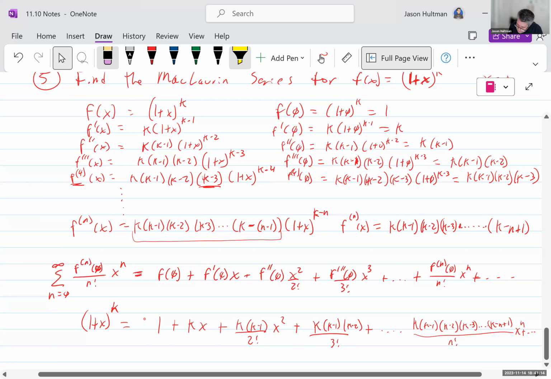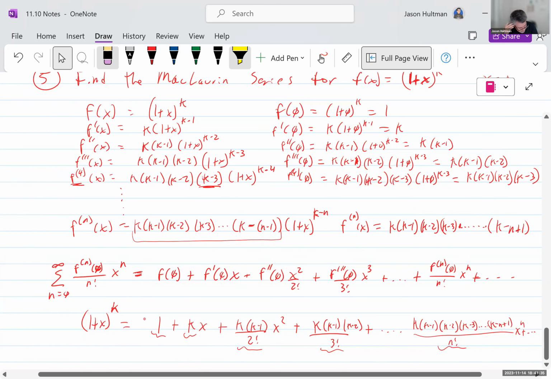Okay, and so the way that I can express these coefficients, especially the last one, is in terms of factorials.